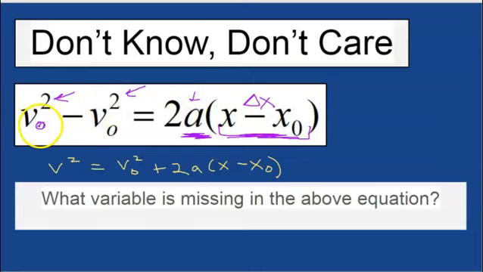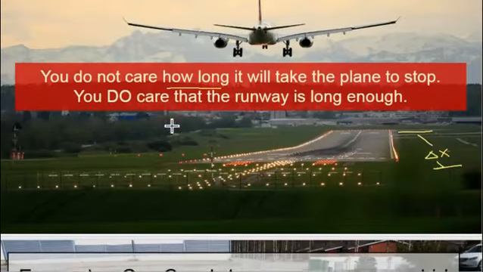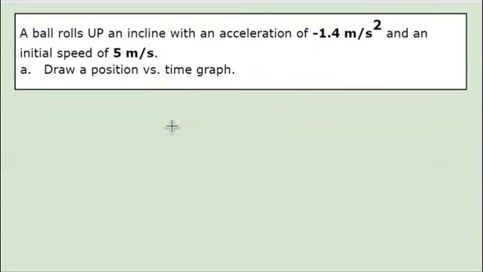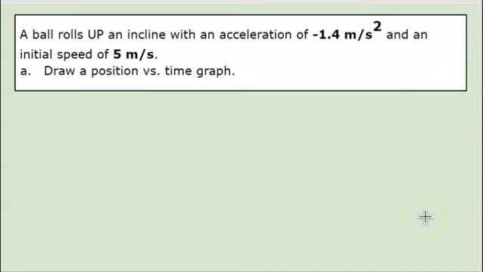I know my v final isn't 0 because this car crashed into something else, but I can maybe estimate from the damage what that v final was, the speed of impact, and then work backwards and say, how fast was that car going when it started to brake and crash into the second car? All right, so those are two real-world examples of when you might use it, and now we're going to do another example.